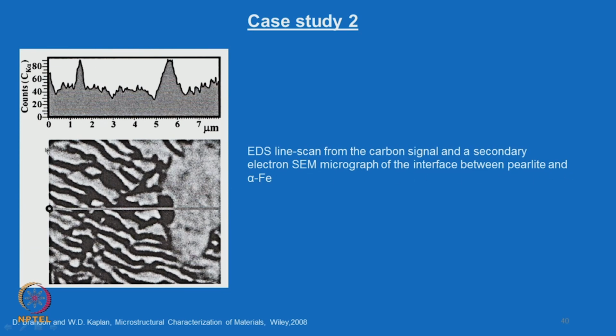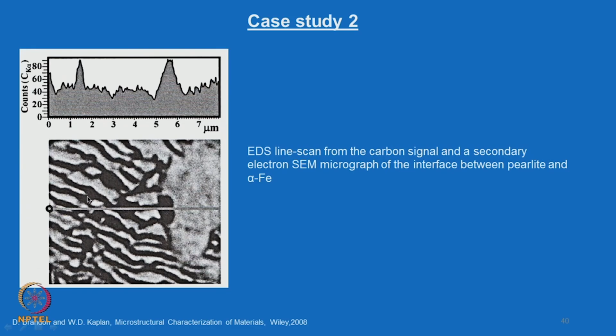So, you see that this is a scanned image, this is the pearlite colony what you are seeing here, and this is the ferrite grain, and you see that a clear interface is shown here, and the analysis is done across this section, the so-called line scan. The corresponding count is shown here. You can make a 1:1 correlation between the region which is covered here to the counts which are shown here.